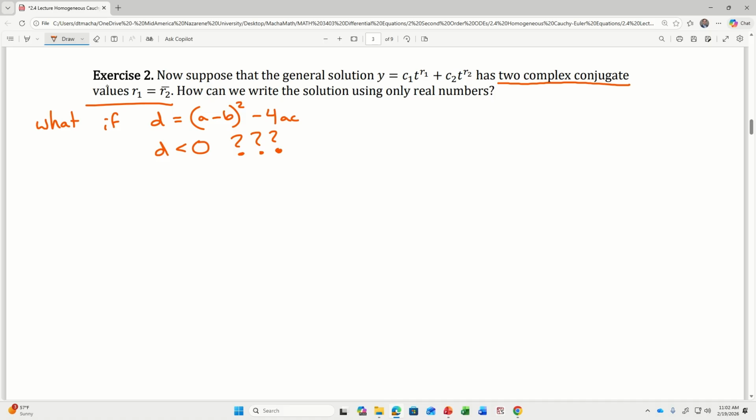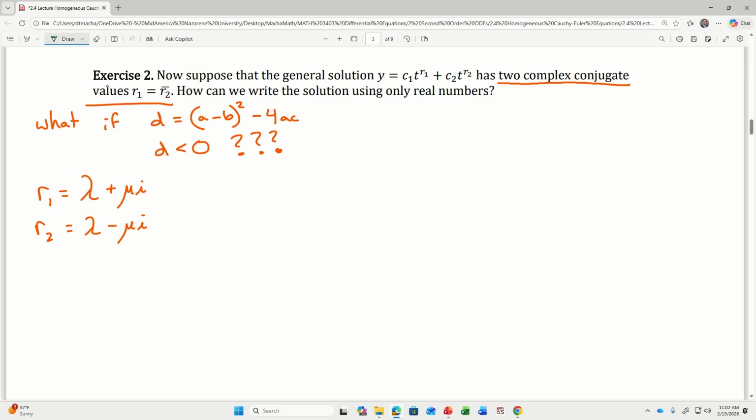In this case, r1 is going to be some real part plus some imaginary part, and r2 is going to be some real part minus some imaginary part.